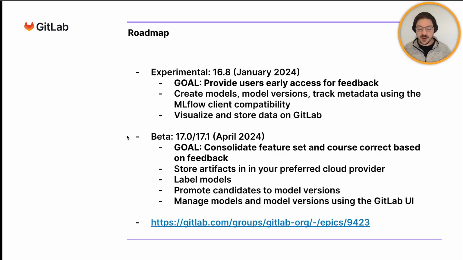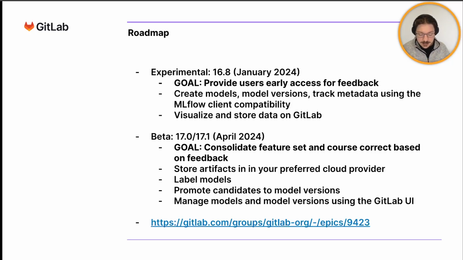We want to provide a good path for you to do this in GitLab: create a bunch of candidates, promote one of them to a model version. And also, manage models and model versions directly using GitLab. While we want to keep the MLflow client, you should also be able to manage all of this in the GitLab UI.